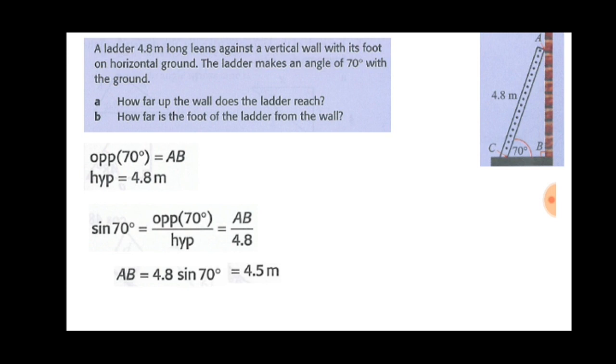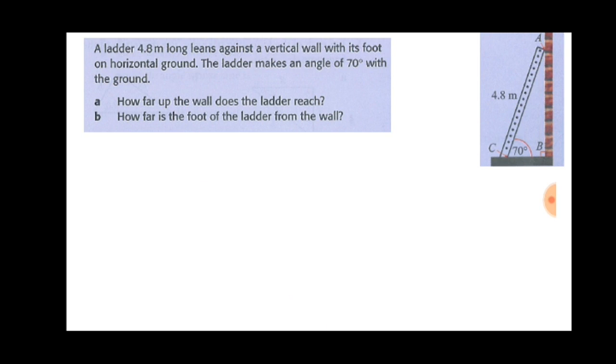And question B is, how far is the foot of the ladder from the wall? That means we need to find the length of BC. So adjacent side of 70 degrees is equal to BC. Hypotenuse is equal to 4.8 meters. We can use the cosine ratio.